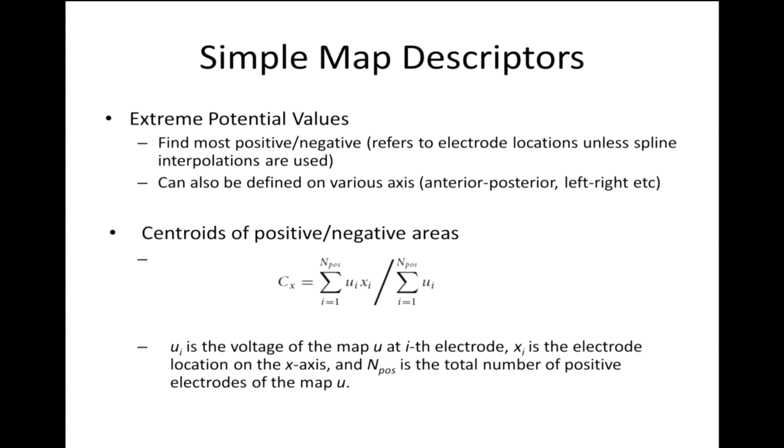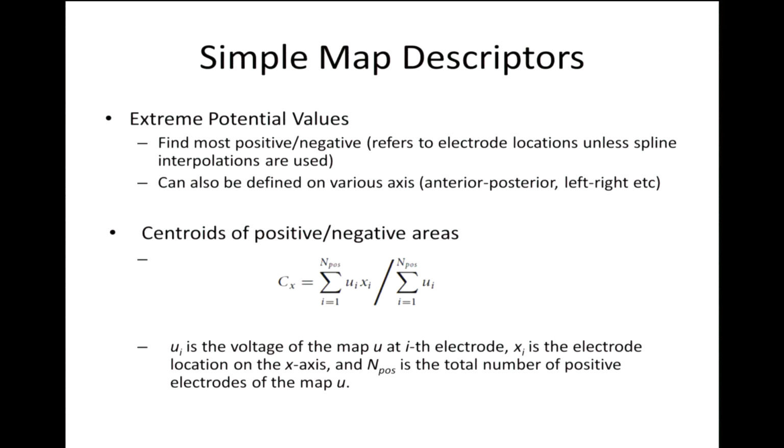You can look at different axes, whether anterior, posterior, or left and right. On this axis, on your scalp map images, you see where the extreme potential values are, and you can also monitor their temporal evolution. You can also calculate the map centroid of positive or negative areas there.